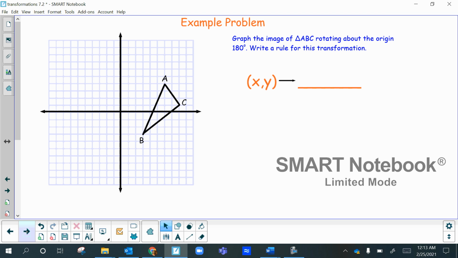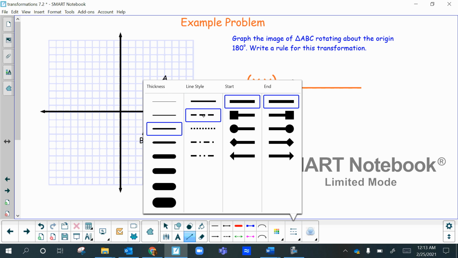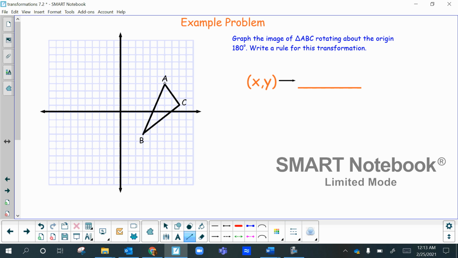Let's try some more rotations. So if I need to rotate this one here about the origin 180 degrees, well, I want to draw that same line that I did earlier. It was that dotted line segment from A to the origin. And so this is going to rotate. Over here would be 90, over here would be 180. So I'm going to rotate that.